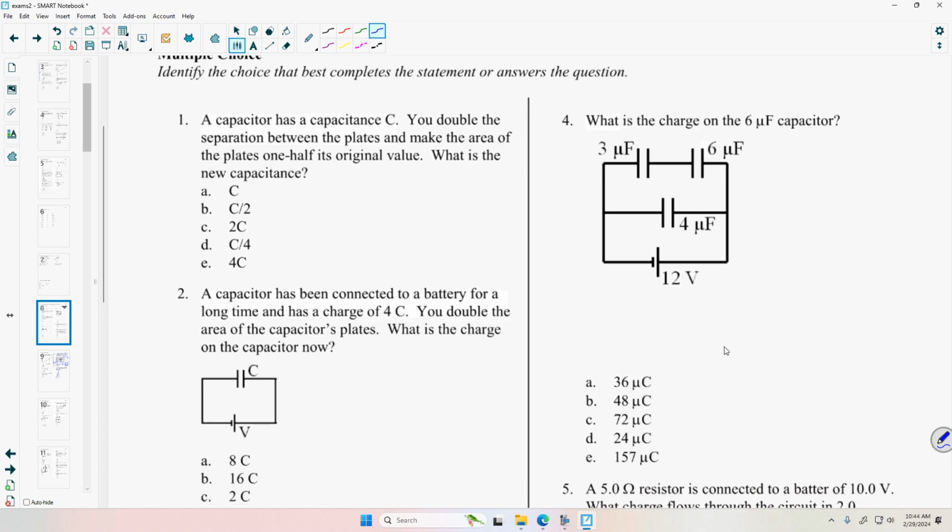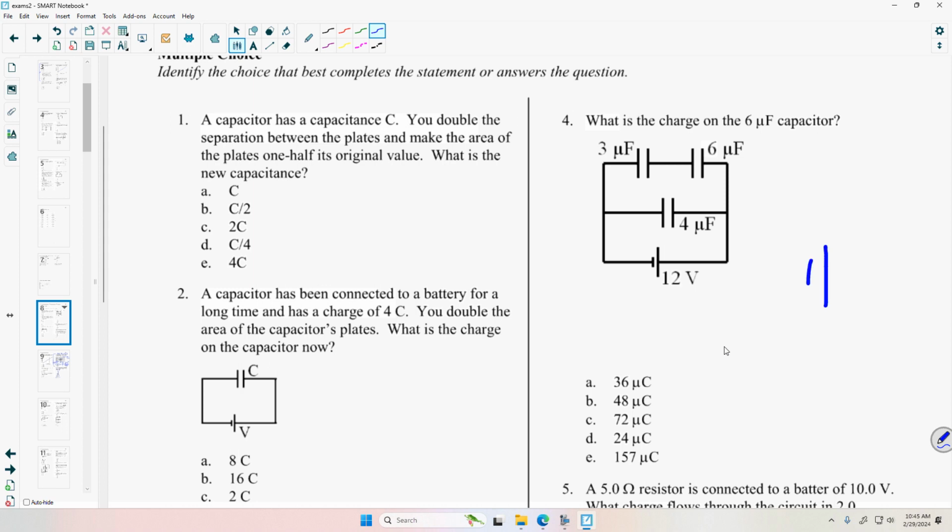This one should be pretty straightforward, I hope, by now, because I want to know the charge on this one. I have 12 volts here. I know the 3 and the 6 in series is equivalent to what? 2 microfarads, right? And so if I have a 2 microfarad capacitor with 12 volts across it, then the answer is 24. I have 24 here and 24 here. Let me just repeat that.